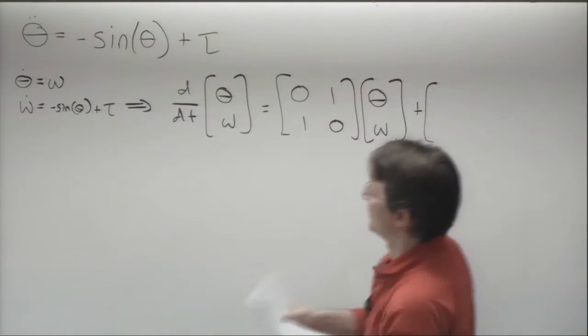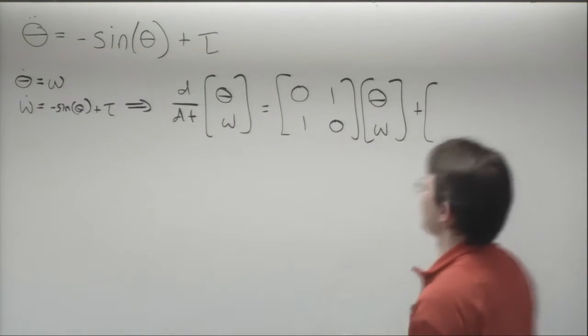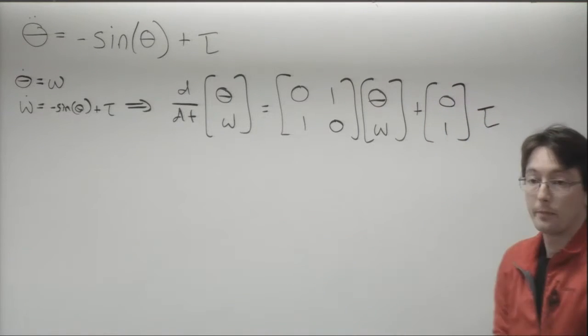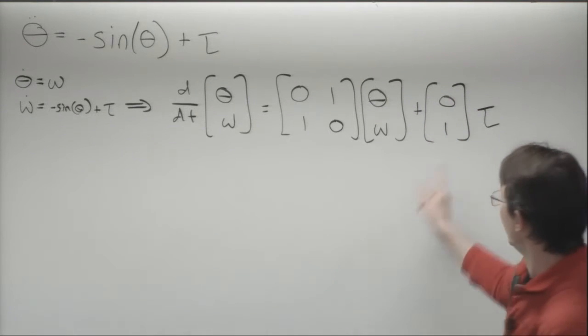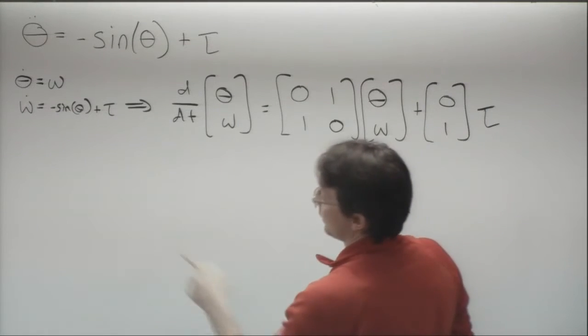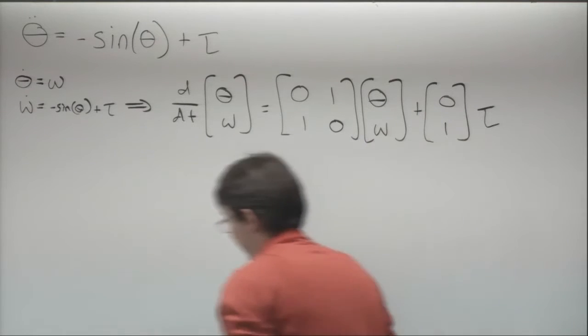But now we have this additional plus 0, 1 times tau. So we can write down our ODE in this form. And this is exactly like the system we've written up on the left board.